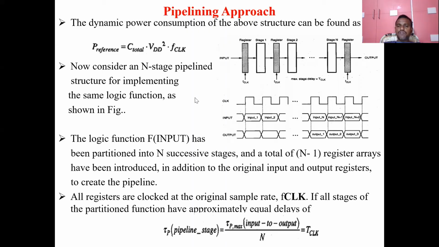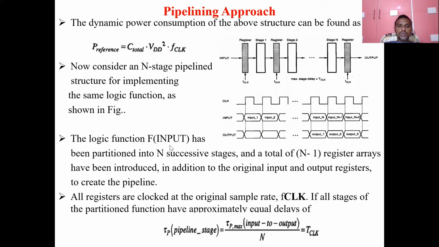But here we are connecting n such single stages, so we use n minus 1 registers, and each consists of some capacitance. We have to consider that capacitance, and at the same time another capacitance is also there.